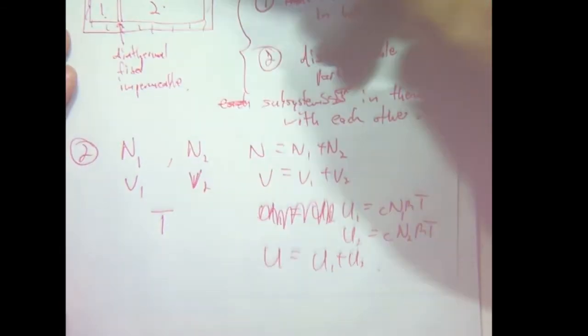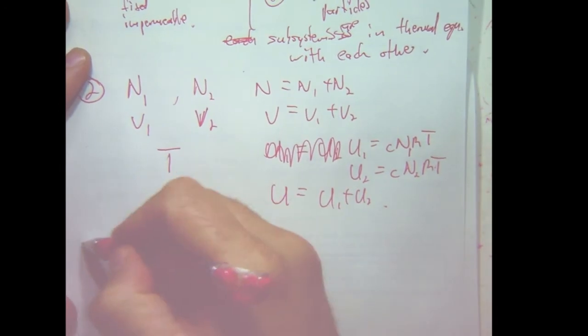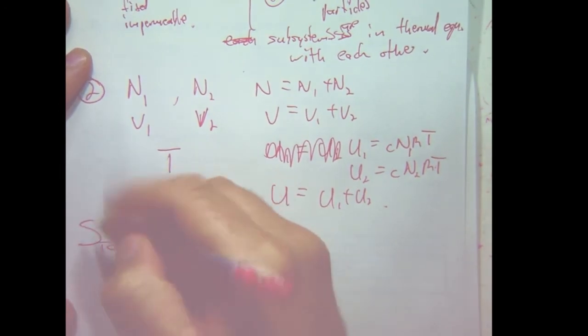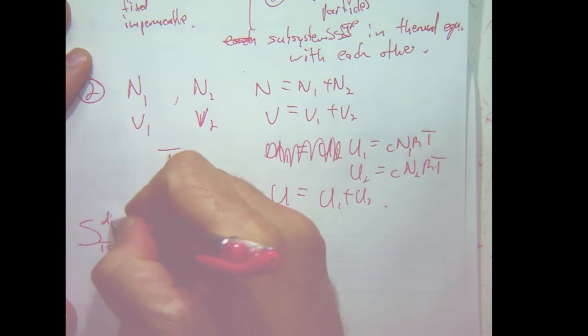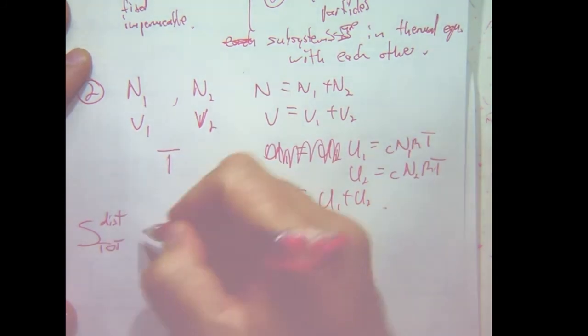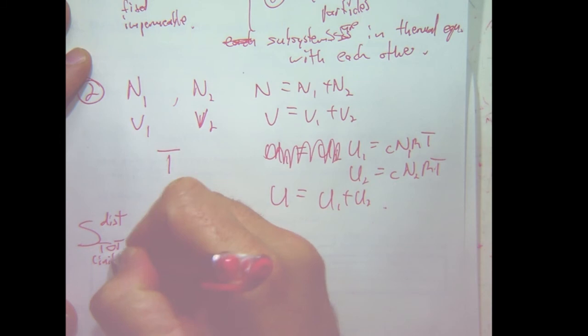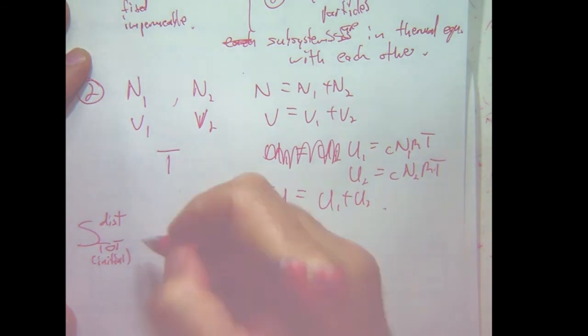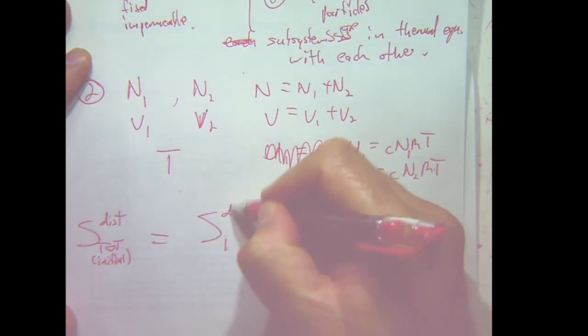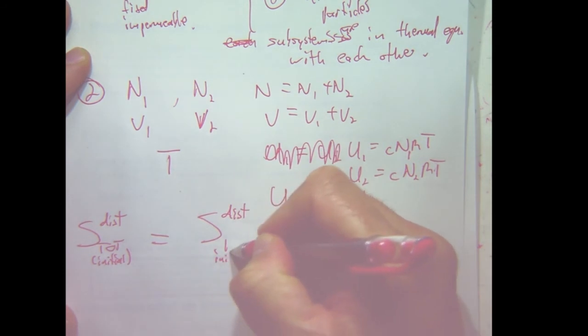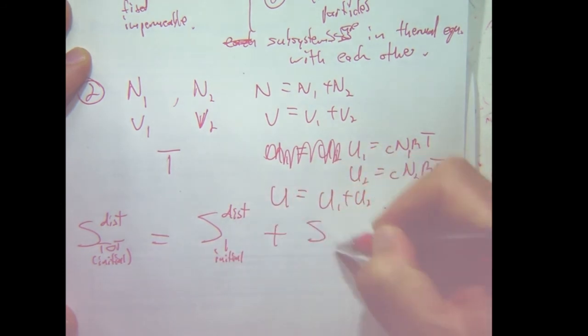So the total entropy for, let's say, the distinguishable case, and I'm going to say initial here for a particular reason, is S1 initial plus S2 initial, the distinguishable case, where it's the entropy in there plus the entropy in there, because we just add the entropy.